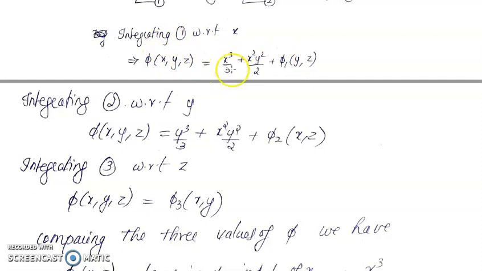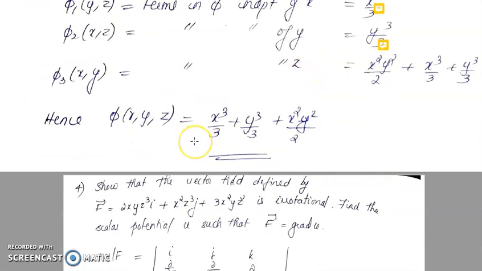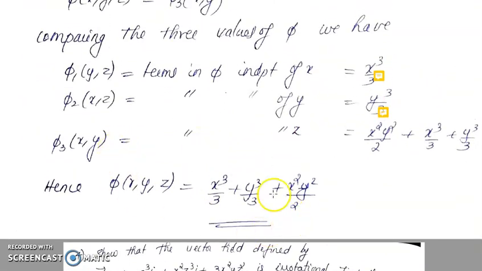That will be x cube by 3 plus x square y square by 2 plus y cube by 3. So therefore phi of xyz will be equal to x cube by 3 plus y cube by 3 plus x square y square by 2.